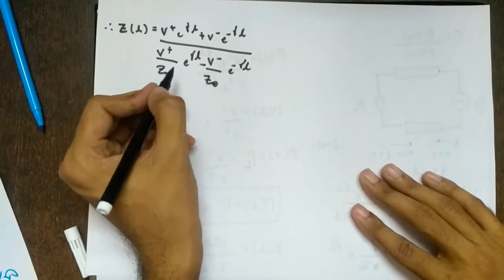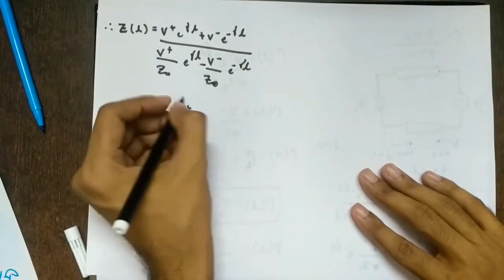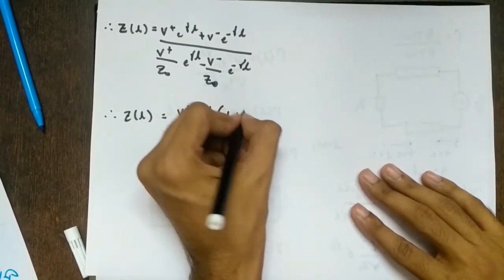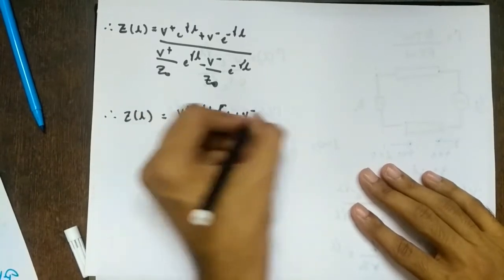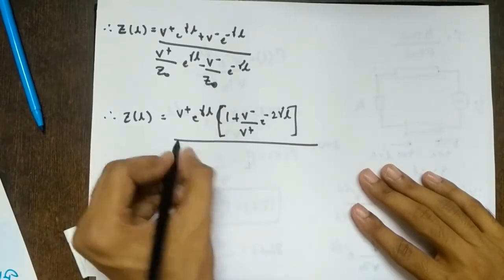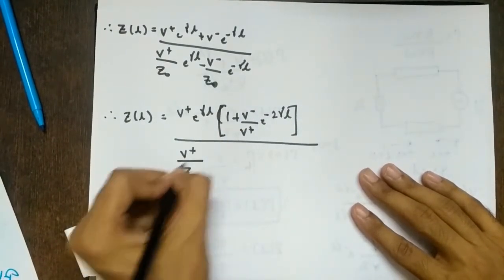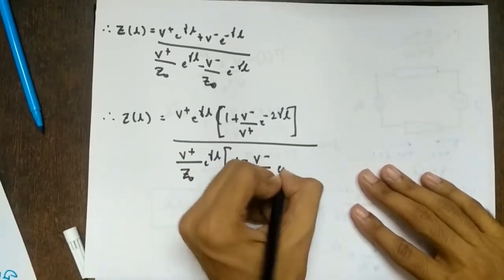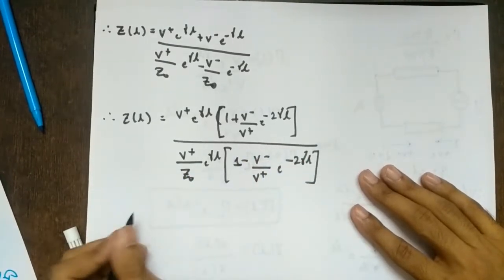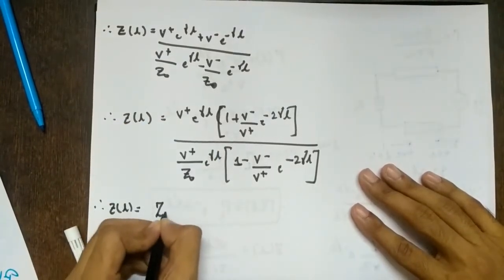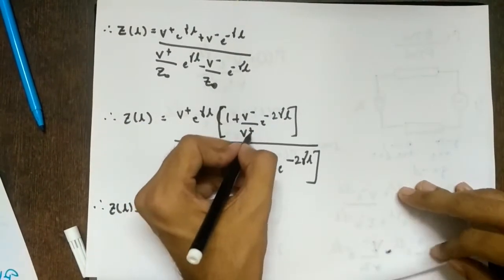Instead of that, I know V minus by V plus is gamma suffix L. So I'll take V plus common, and e raised to gamma L also common, into 1 plus V minus by V plus e raised to minus 2 gamma L, upon, here I'll take V plus by Z0 e raised to gamma L common, 1 minus V minus upon V plus e raised to minus 2 gamma L. So this will get cancelled and Z0 will come up.